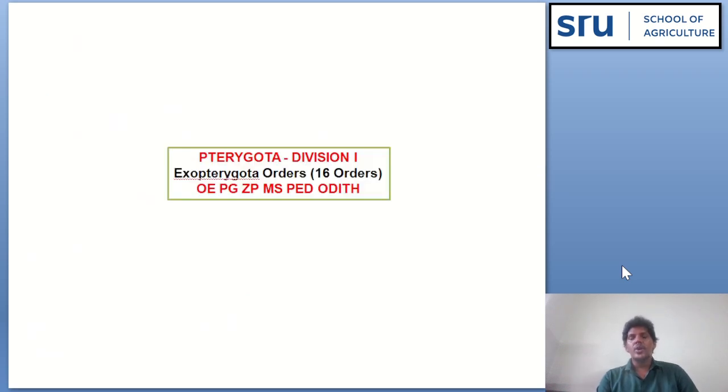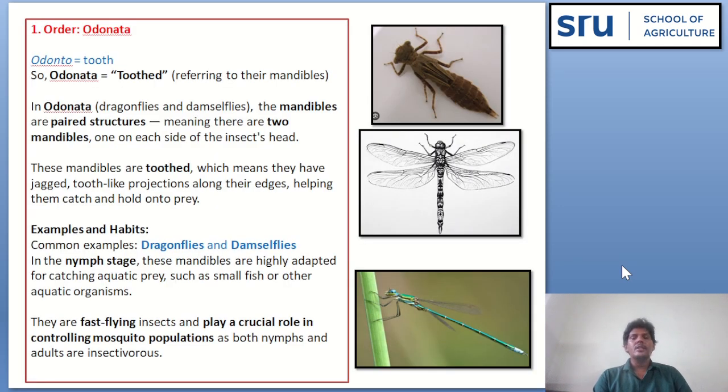Next, Pterygota, that is division 1, Exopterygota orders. 16 orders are there: OE, PG, GP, MS, SPADE, HIT. O means Odonata. These are the toothed insects. Odonto means tooth.